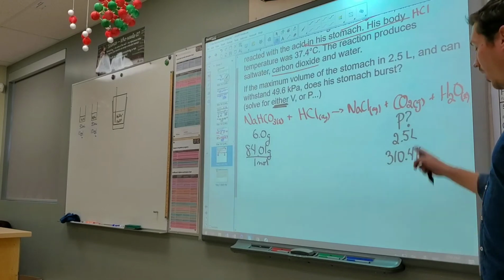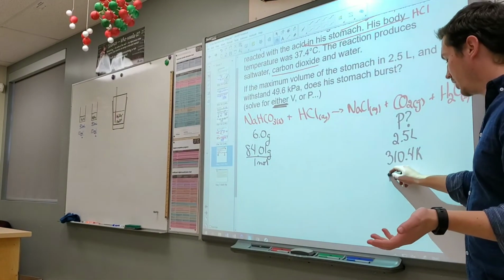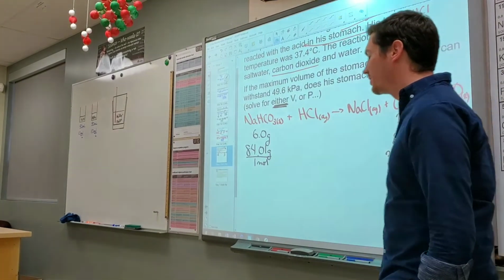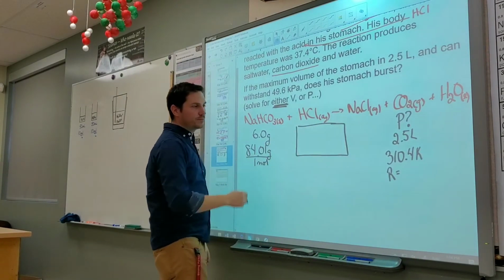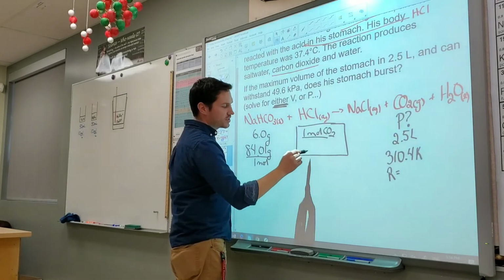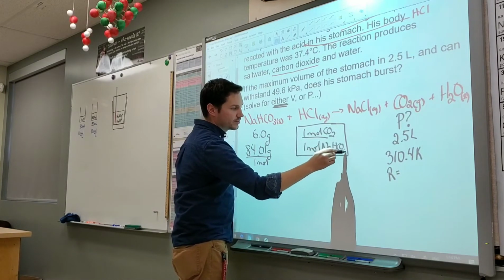R, the R value. You can put it here if you want, but I'm going to be lazy and not put it. And then the last thing we need is that molar ratio: 1 mole of carbon dioxide for every 1 mole of sodium hydrogen carbonate.